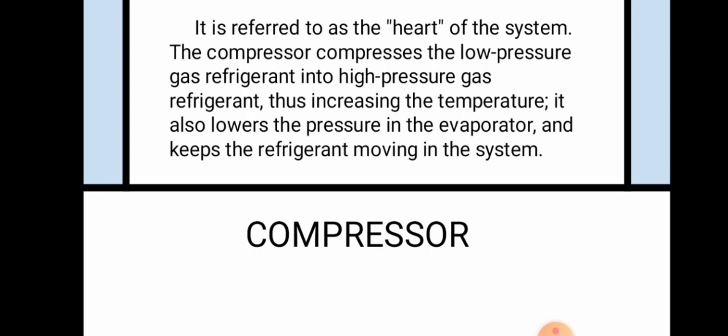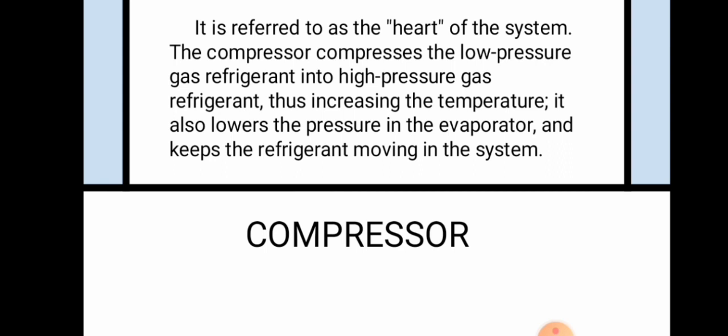Next is compressor. It is referred to as the heart of the system. The compressor compresses the low pressure gas refrigerant into high pressure gas refrigerant, thus increasing the temperature. It also lowers the pressure in the evaporator and keeps the refrigerant moving in the system.